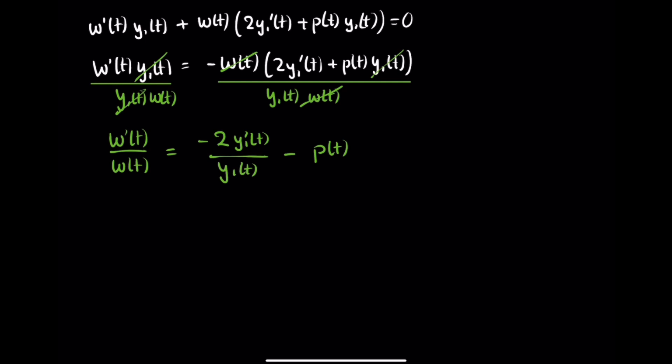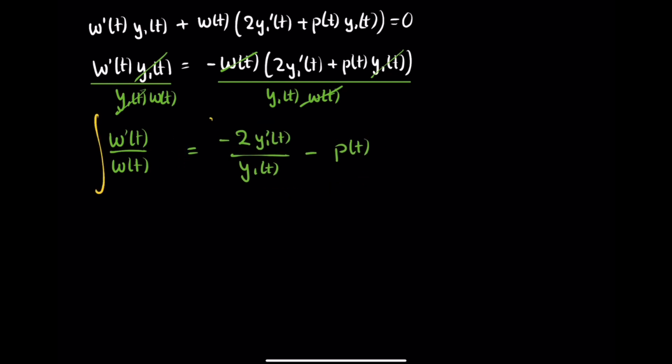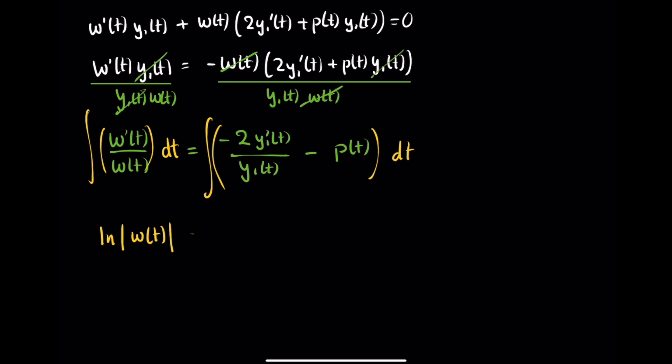What we have to do is get a value for w. This probably reminds you of the last video where we did something similar when we were deriving Abel's formula, but now we're deriving the reduction of order formula. So the left hand side becomes ln of the absolute value of w(t) equals minus 2 ln of the absolute value of y1(t) minus the integral of p(t) dt.